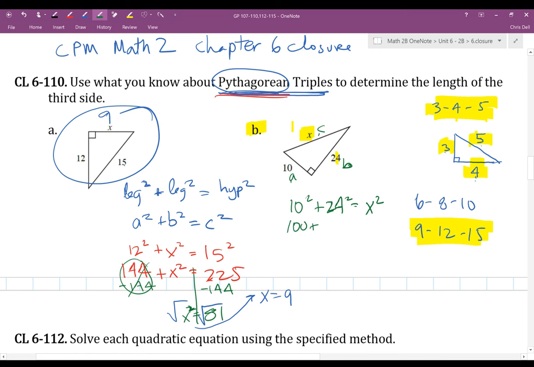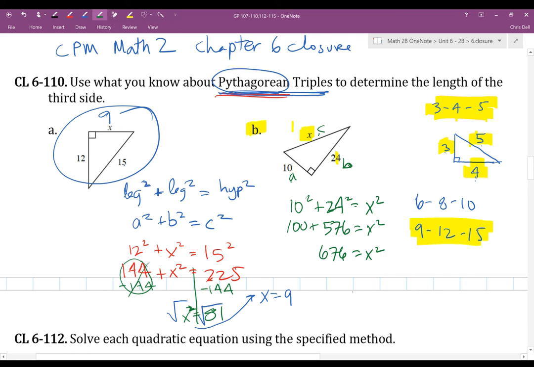So that's 100 plus, let's see, I don't have that one memorized. 24 squared is 576. So 100 plus 576 is 676, which is equal to x squared.